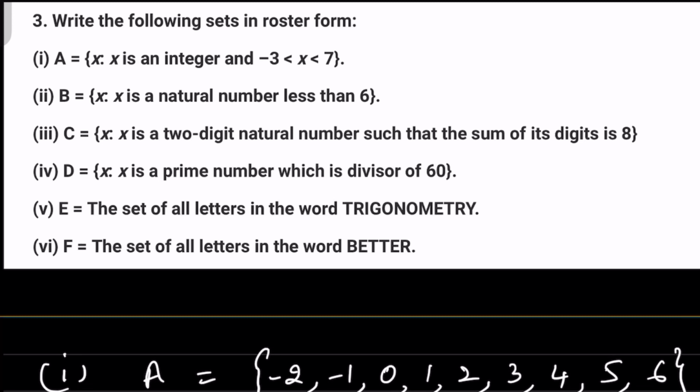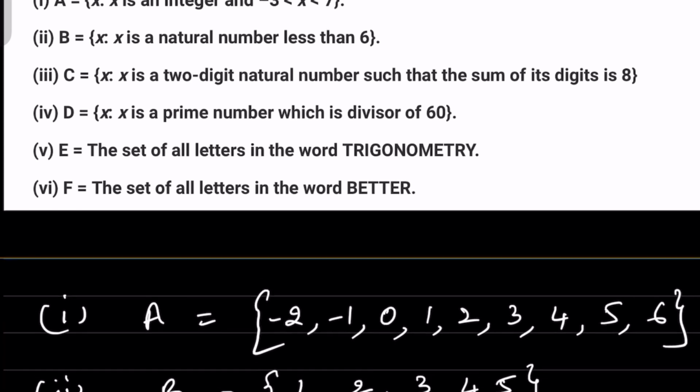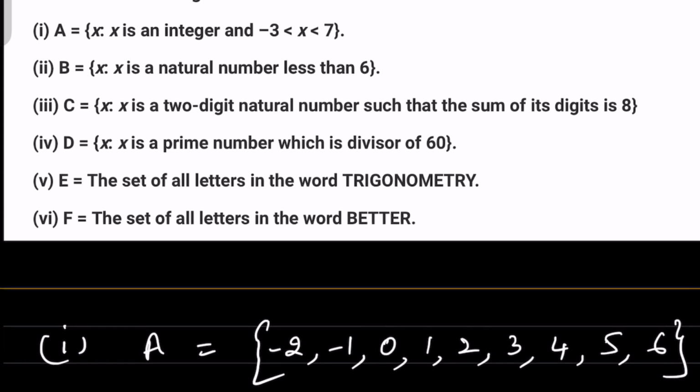Now, natural numbers less than 6: natural numbers start with 1, so 1, 2, 3, 4 and 5. So this is the set B, which consists of all natural numbers less than 6.